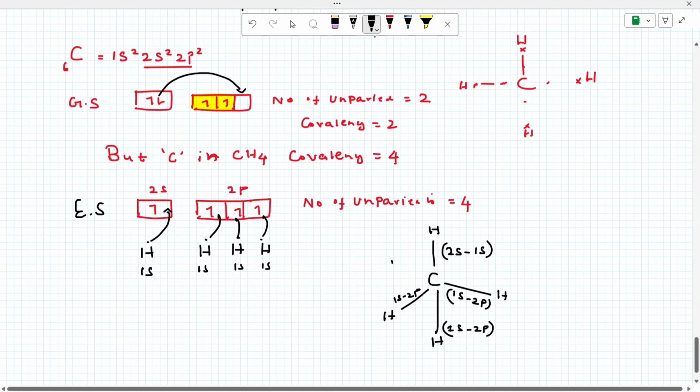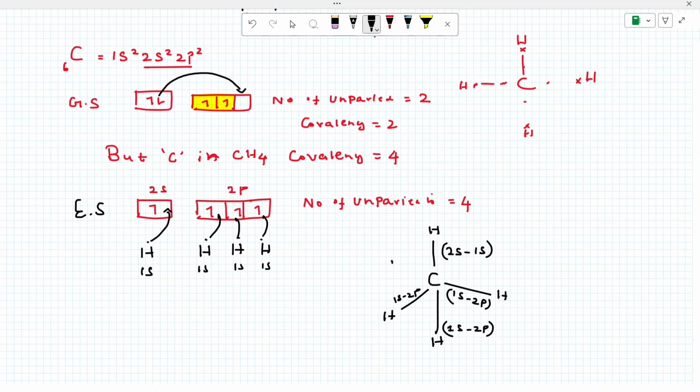Now tell me, is it the same overlapping or different overlapping, students? In all the CH bonds, is the overlapping the same, or is anything different? Tell me which is different.